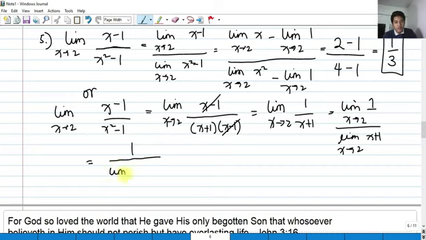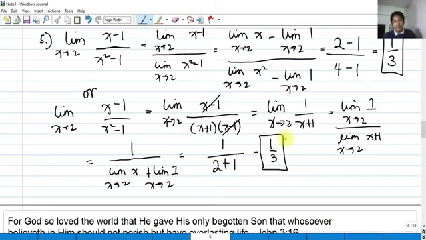So we have the limit of x as x approaches 2 plus the limit of a constant 1 as x approaches 2. So we have 1 over this, the limit of x as x approaches 2 by property 2, that is equal to 2. The limit of a constant as x approaches 2 is simply the constant itself, which is 1. So we can have the same answer. Okay? So I hope that's clear with you.